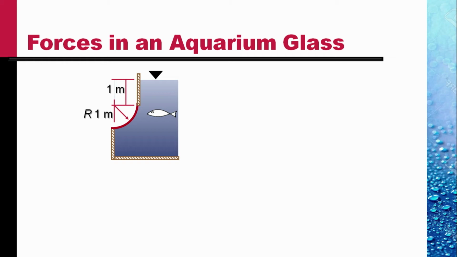What are the forces on this glass plate because of the water? These forces would be because of this pressure distribution, which at the top of this quarter cylindrical glass plate is because of 1 meter depth of water, at the bottom because of 2 meter depth of water.